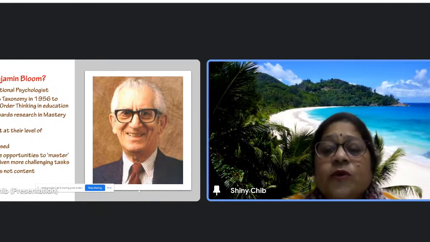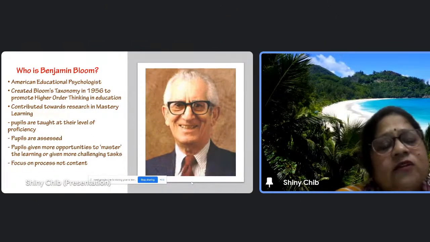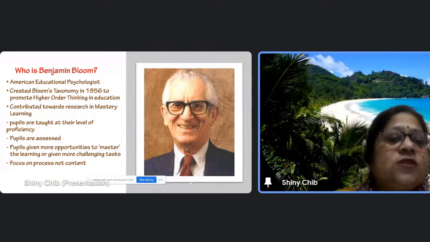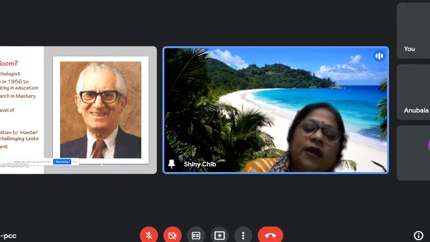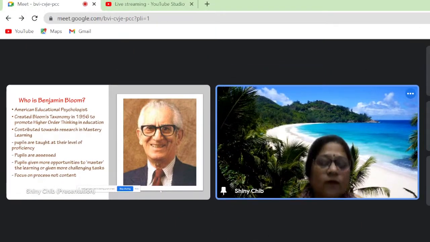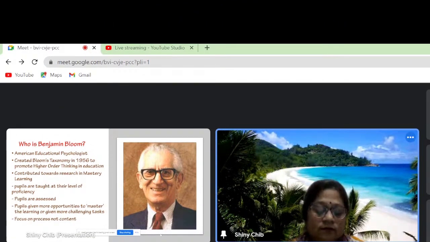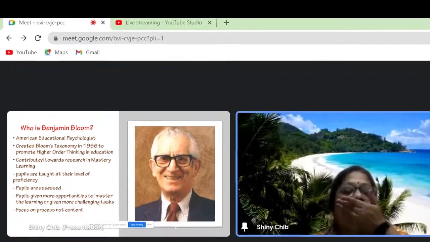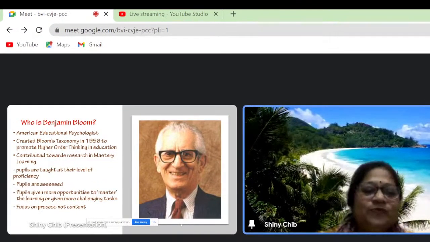Before moving further, can anybody give the answer? What is basically Bloom's taxonomy and why is it required? Would anybody like to give a try over here? No?